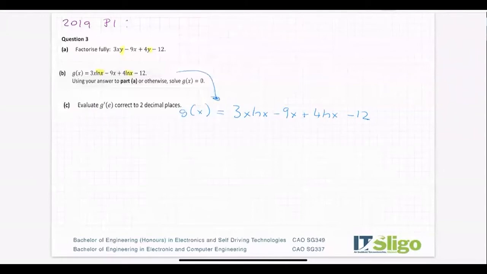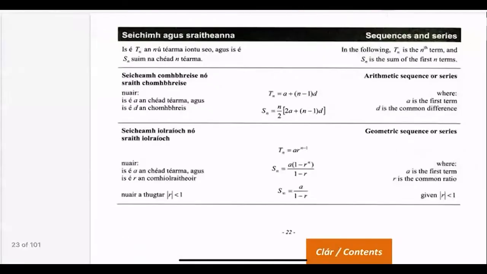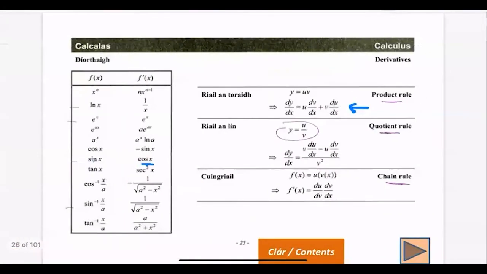Okay, you've got to be careful because it's a product, and I know that because I've got a 3x and an ln of x. So I'm going to come up here and do my product. You can do it off to the side too. du/dx is equal to 3, dv/dx is equal to 1 over x. All of them are coming from the log tables, okay? This one and the top one.